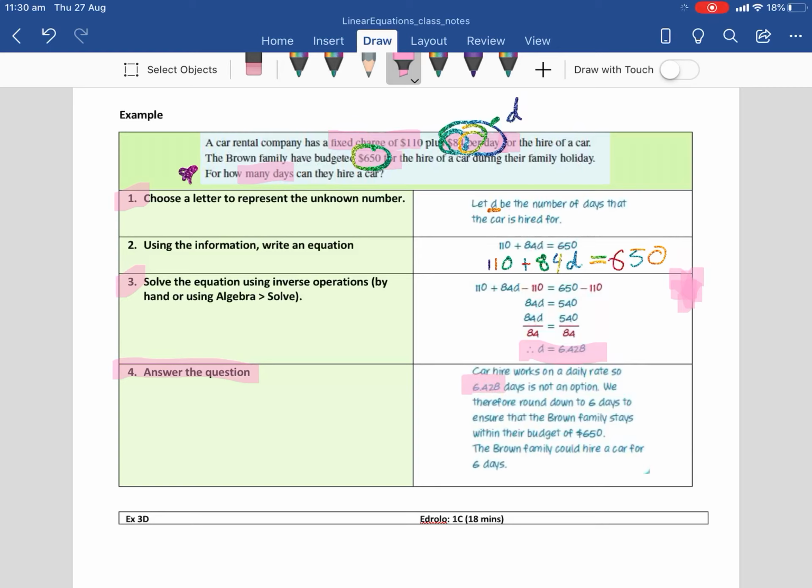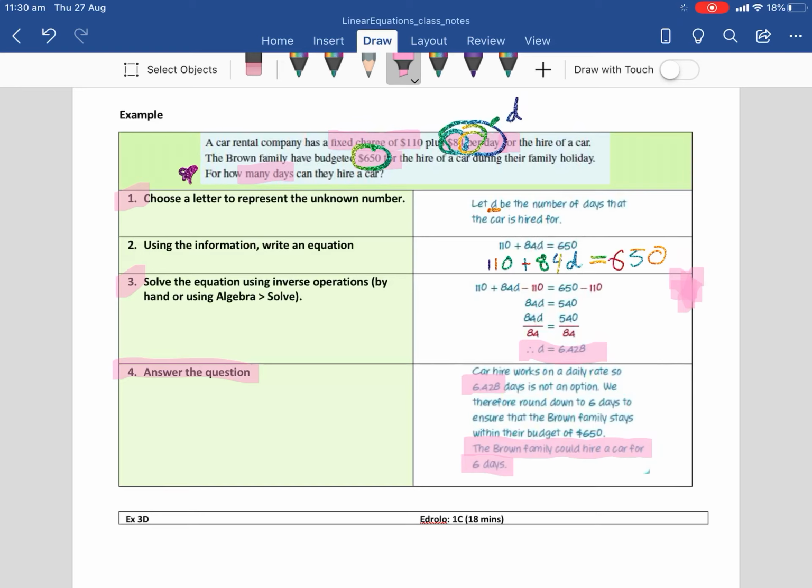We can't say that many days because days are whole, discrete numbers. It's either 6 days or 7 days. If they borrowed it for 7 days, it would go over the $650. So that's why we round down. Therefore, the Brown family can hire the car for 6 days and not go over their budget.